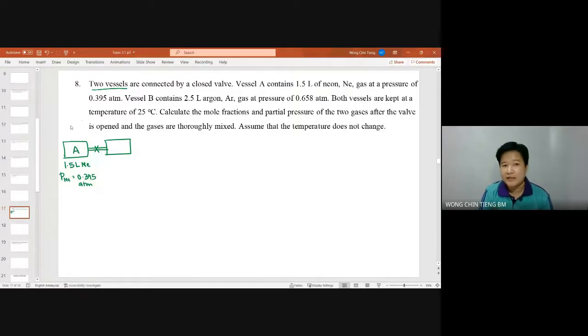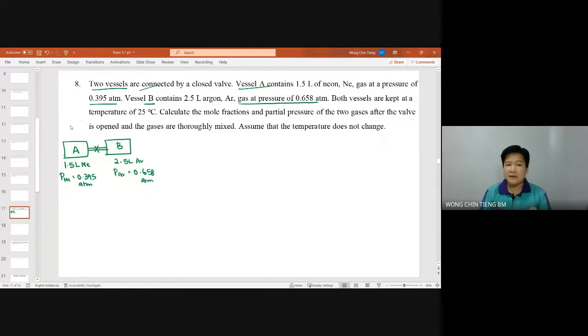Neon punya sahaja, tak ada orang lain. Sentence kedua, vessel B. In the B, I have 2.5 liter argon, and the partial pressure of argon equals 0.658 atm.